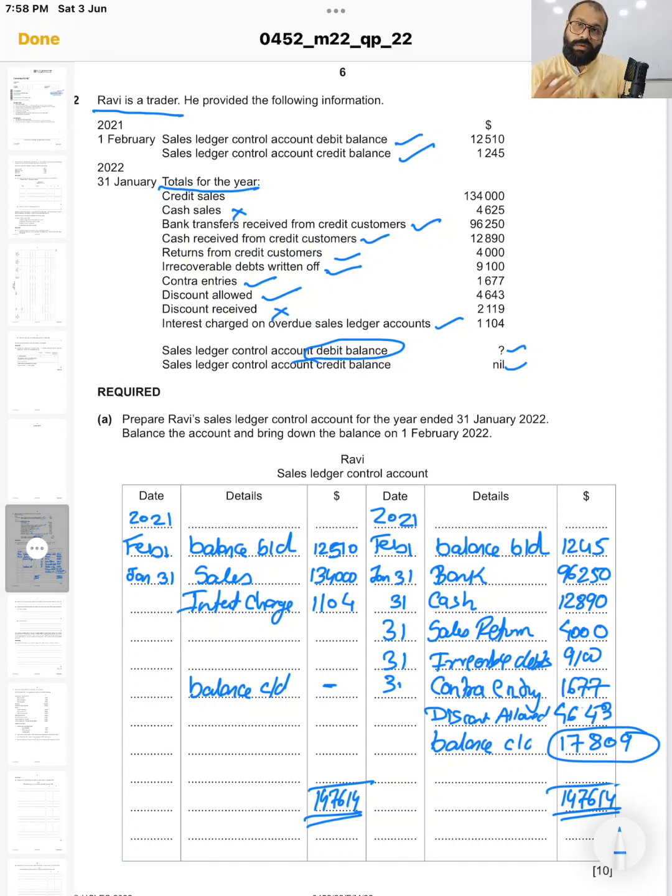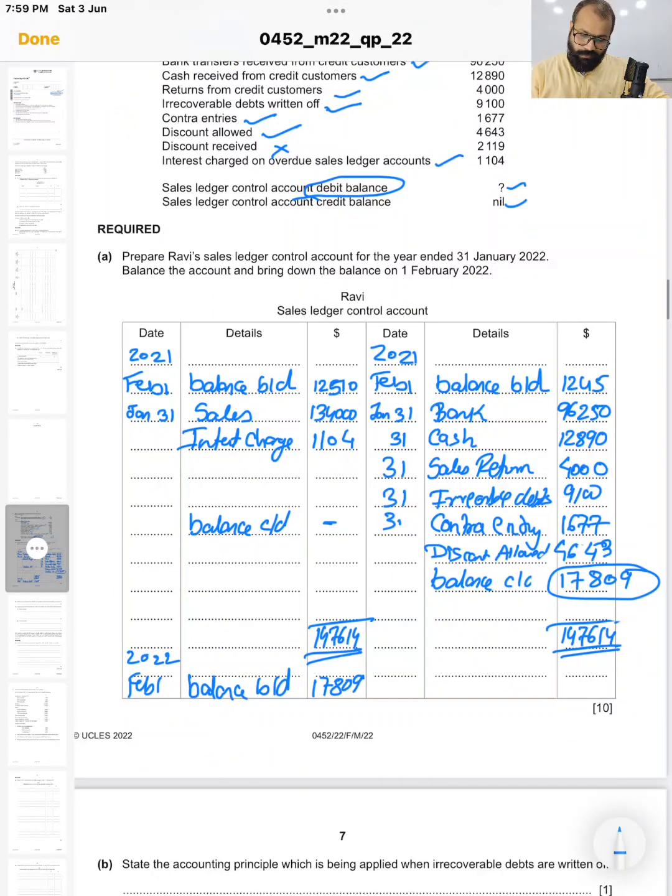So next month this will come on the debit side, Feb: balance brought down 17809. This is January, so it will be Feb 1st 2022. So here is the sales ledger control account. Okay, fine. Correct.